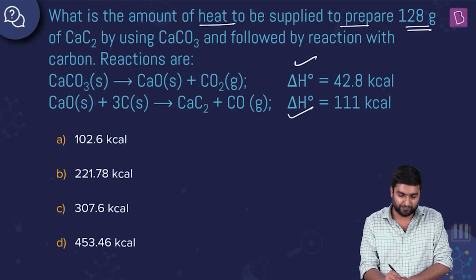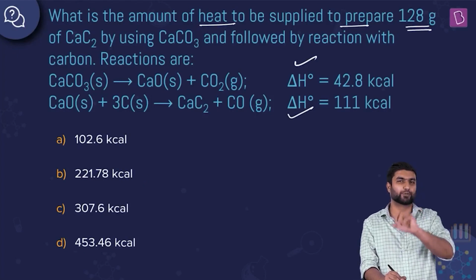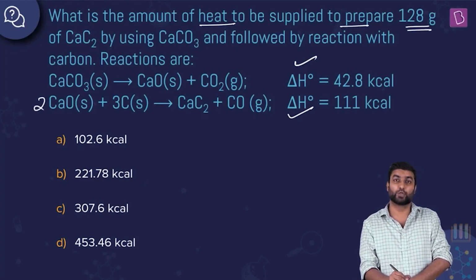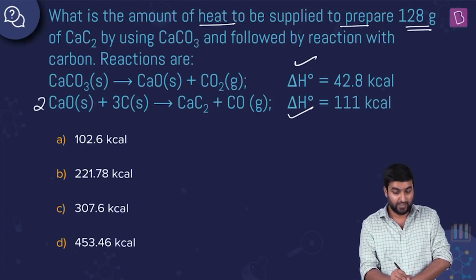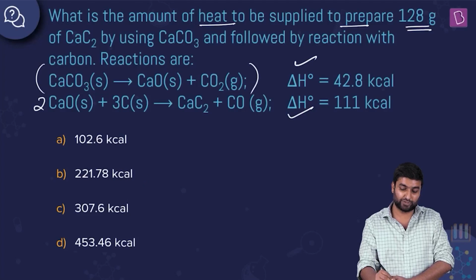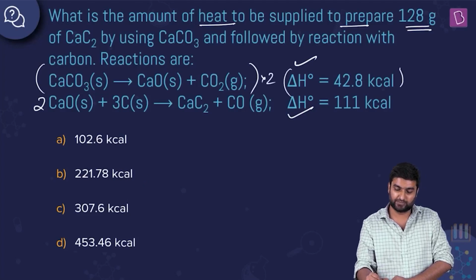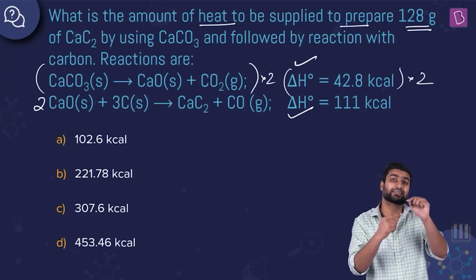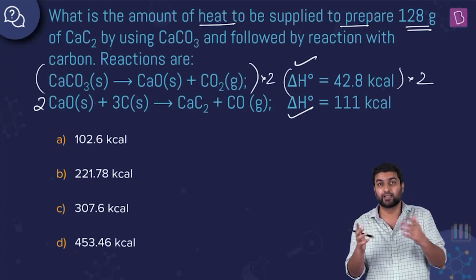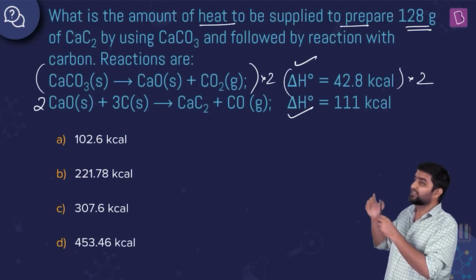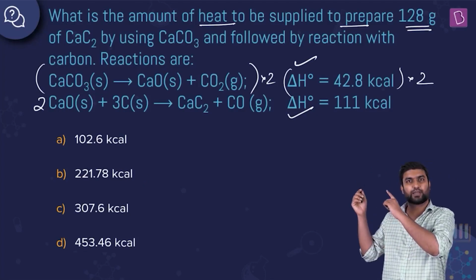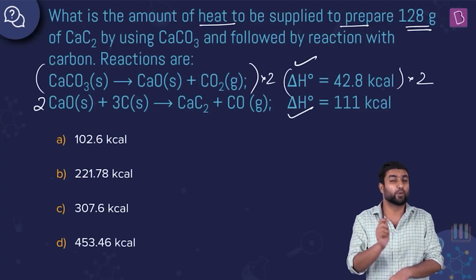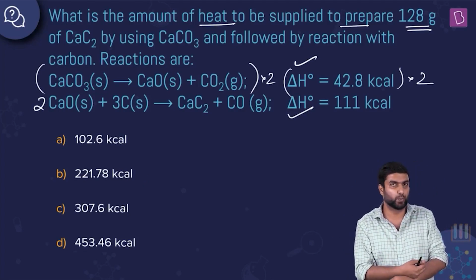If, hypothetically, we had 2 CaO here, then I would have to take this reaction and multiply it by 2, and take this value and multiply it by 2. Why? Because I want to cancel CaO. I want to say whatever CaO got generated in the top reaction got completely consumed in the second reaction. So I want to get rid of CaO.